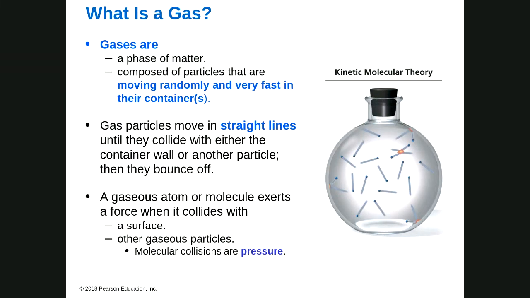They move in straight lines, and then they'll either collide with the wall of the container or another particle, and then they bounce off. When they do that, they don't really exchange a lot of energy with whatever they impact. They just use that change in energy to change directions. And so the molecular collisions due to this movement and ramming into each other is what produces the pressure in a container.